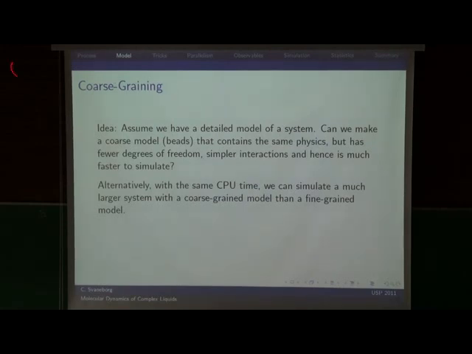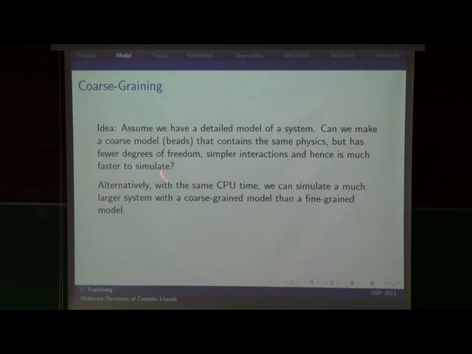Another important thing is coarse graining. The idea is that we assume that you have a detailed model of a system. The question is, can we make a much coarser model based on beads rather than atoms that contains the same physics as the detailed model? Due to the fact that the coarse-grained model has fewer degrees of freedom and simpler interactions, we can simulate it much faster.